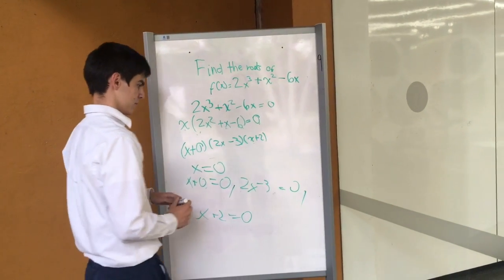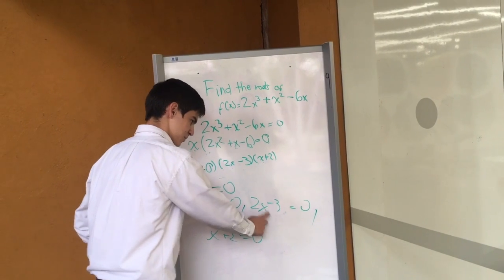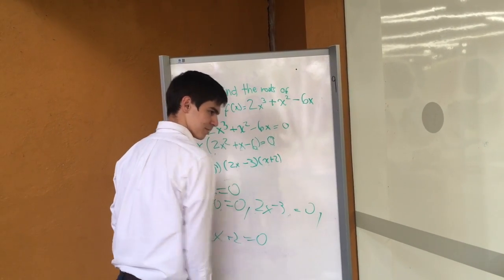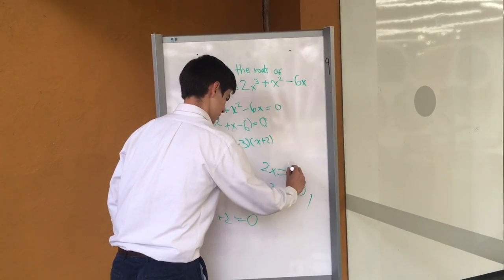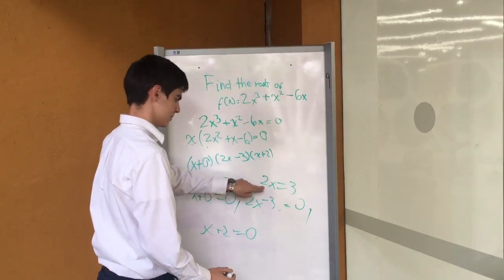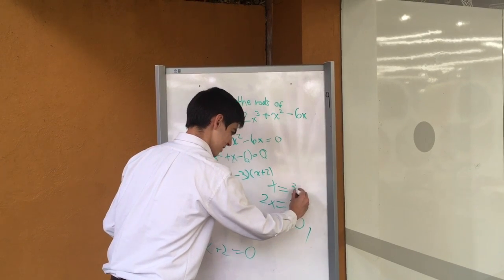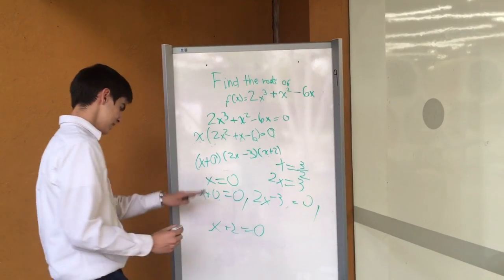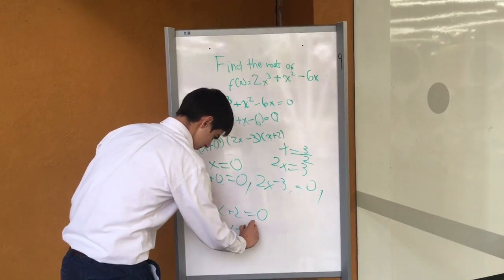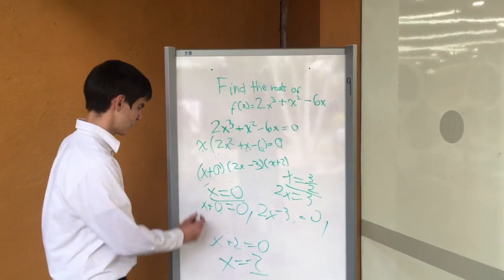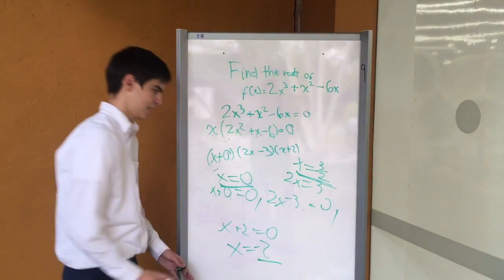Then 0 plus 3, because the x passes to plus, it's equal to plus 3. And then if it's multiplying, it passes dividing. Finally, 0 minus 2 is equal to minus 2. So now we know that 0, 3 halves, and minus 2 are the roots.